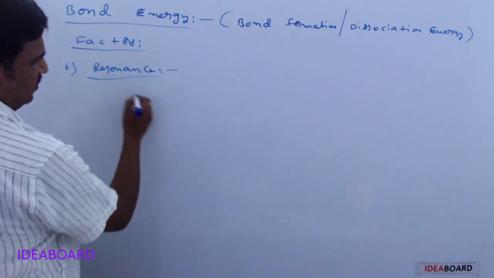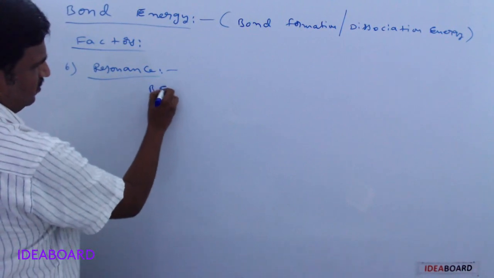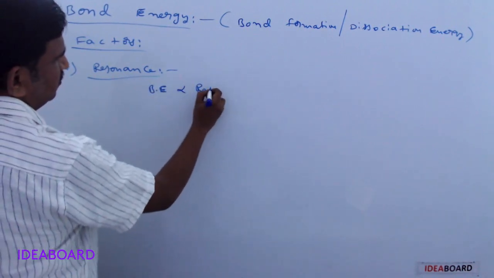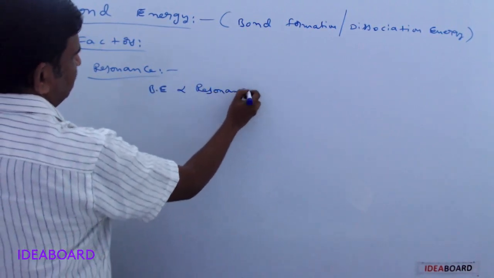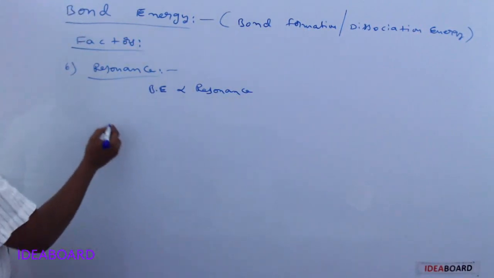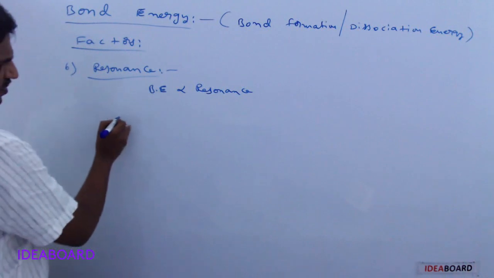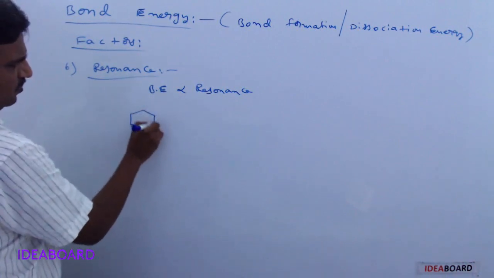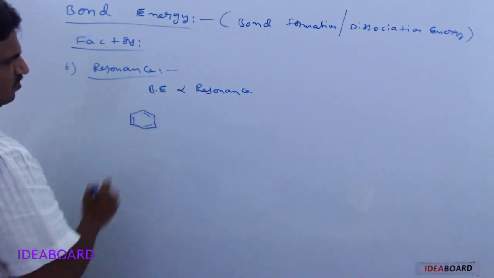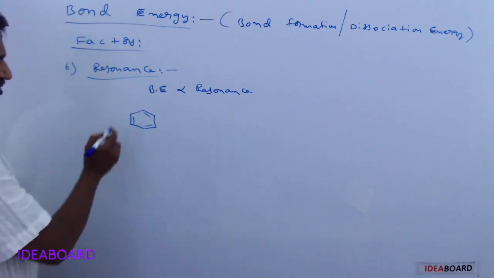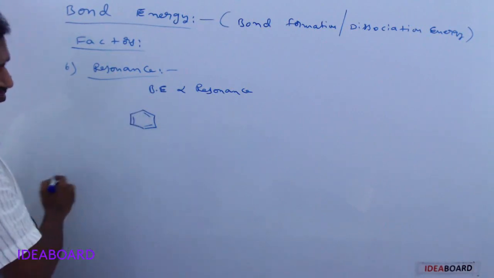Next, resonance. Bond energy is directly proportional to resonance, because due to resonance, bond energy increases. Generally, in a benzene ring with only single and double bonds, one bond energy is less and the other is more.